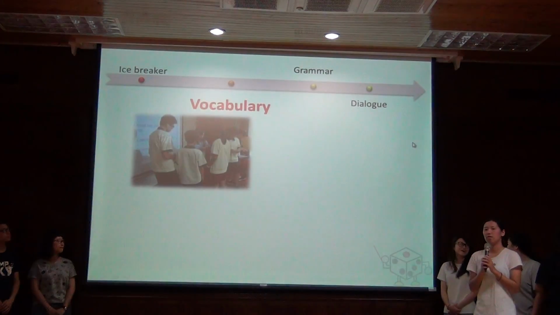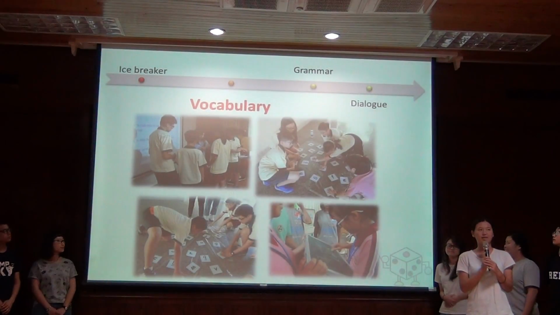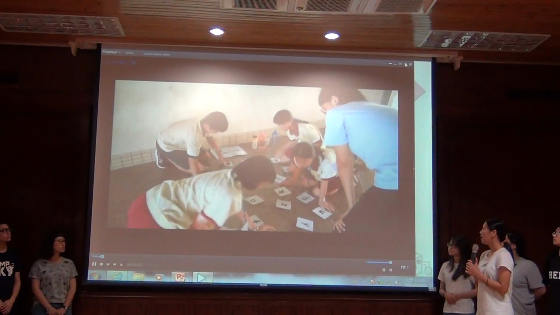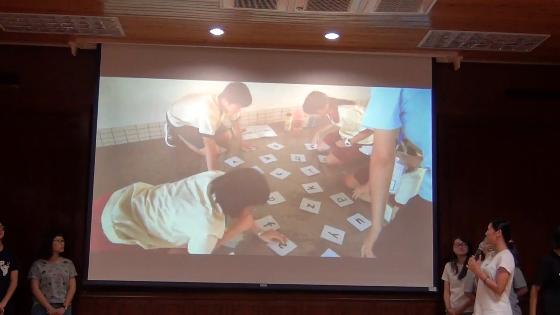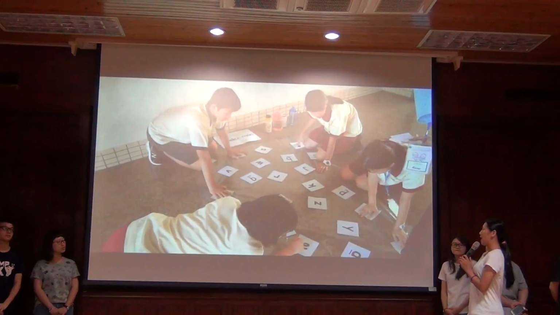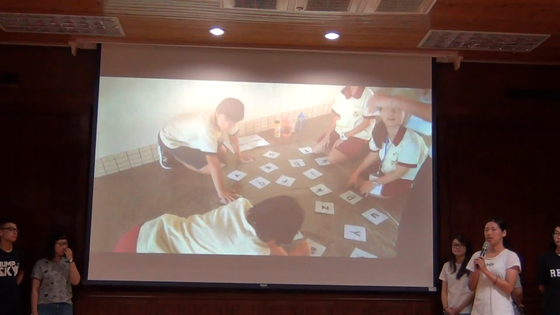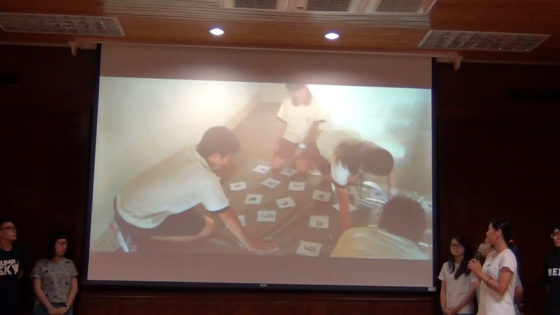And next is vocabulary. We selected the activity Spider-Man from Actipedia. The teacher speaks aloud the vocabulary words, and the students have to spell the words with their hands and feet. As you can see in the video, the teacher asks the students to spell the word utensil.